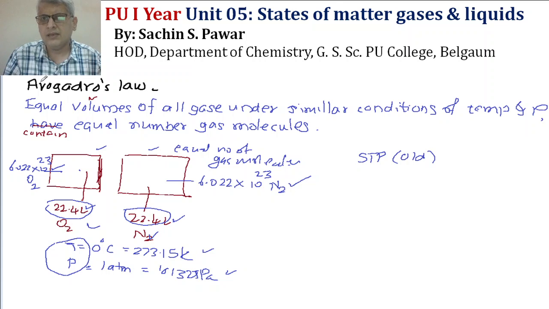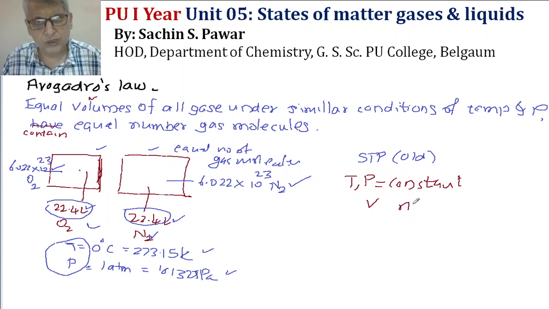If you concentrate on the experiment in this Avogadro's law, you will find two things are kept constant, that is temperature and pressure, and the variables are volume and number of moles. Number of moles means molecules; you know, 1 mole is Avogadro number of particles. If volume is fixed, then the number of particles are fixed.